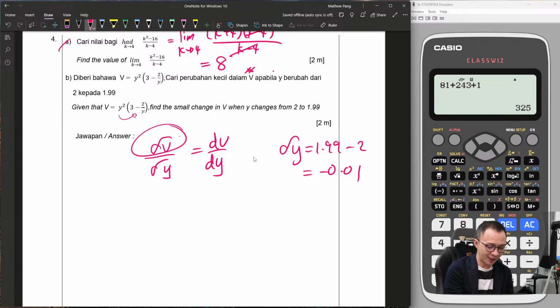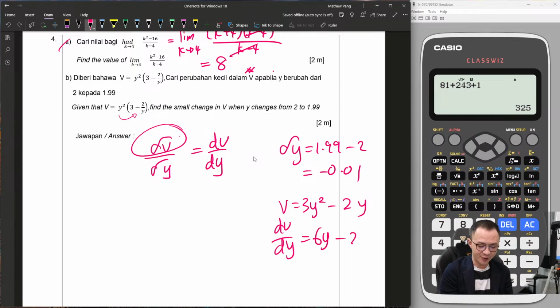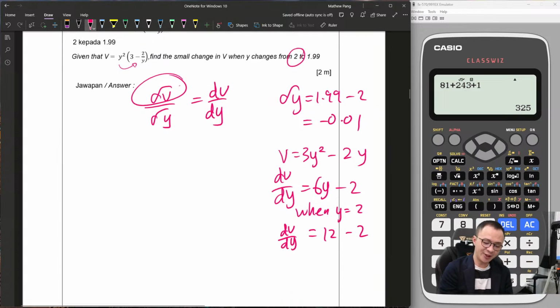So my v should be 3y squared minus 2y, isn't it? So my dv dy should be 6y minus 2. And my original y value should be 2, isn't it? So when y equals 2, my dv dy equals 12 minus 2, which is 10.